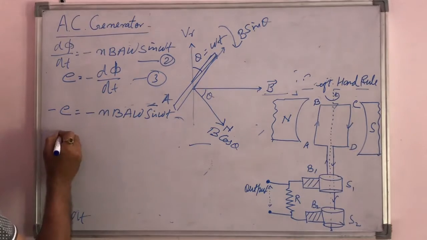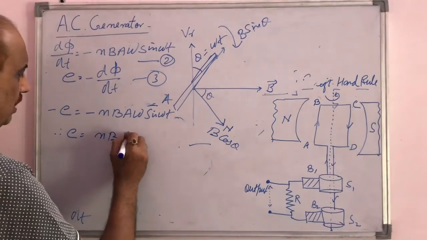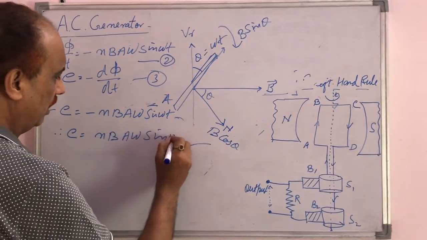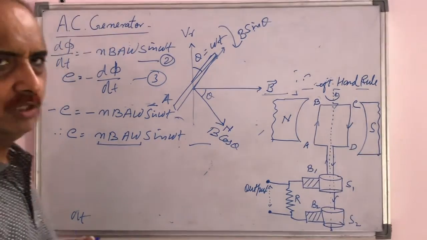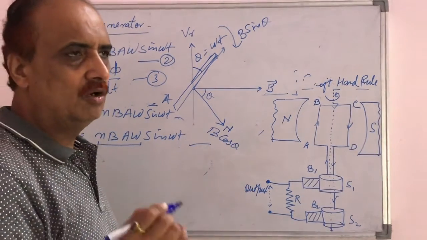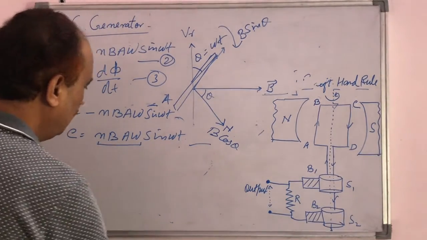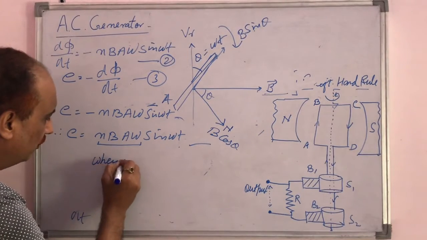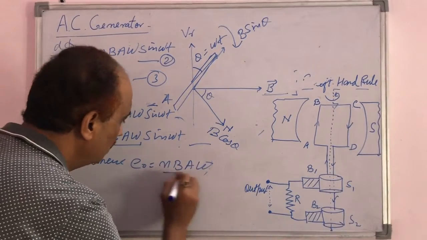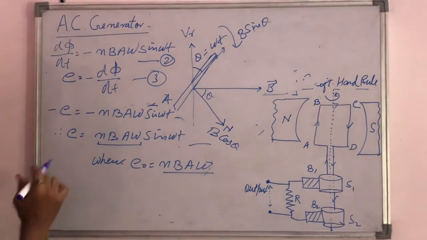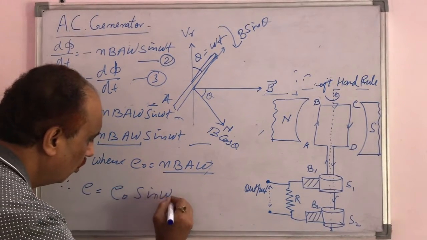The minus signs cancel, therefore the induced EMF E equals NBA omega sin omega t. This NBA omega is the maximum or peak EMF produced in the coil, represented by E naught, where E naught equals NBA omega. Replacing NBA omega by E naught, we get E = E naught sin omega t.